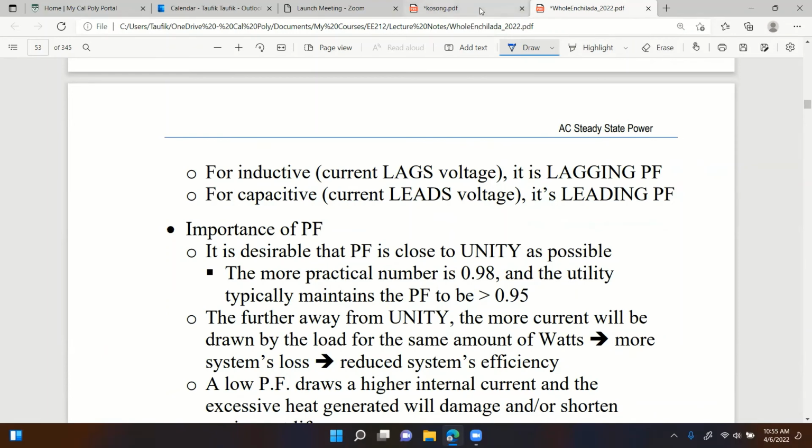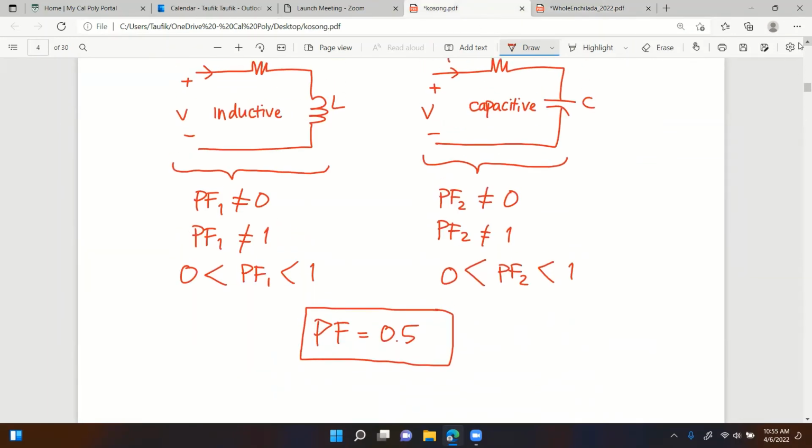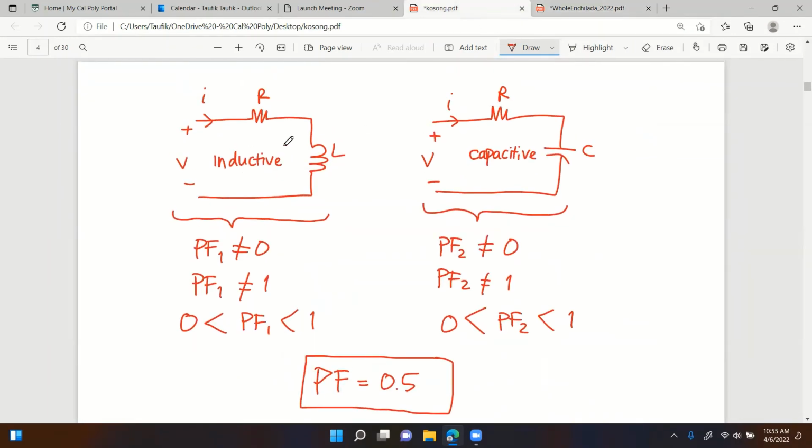So if I go back to the previous circuit, on the left we know current is lagging because it's inductive, ELI the ICE man. Current lags the voltage. Therefore, the power factor associated with the left circuit is called lagging power factor.